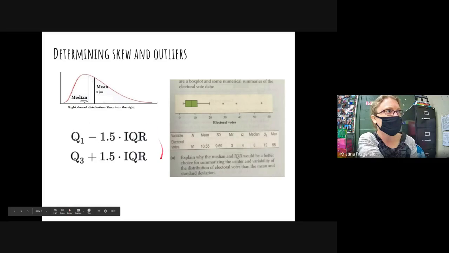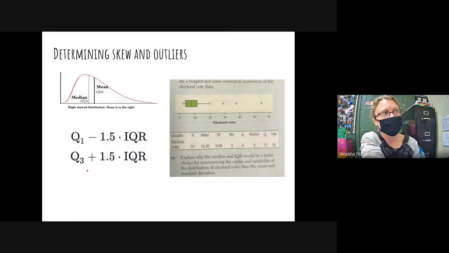The other thing we looked at is the 1.5 rule, which determines outliers. Some people looked at one of the homework questions and said, oh yeah, that's a pretty big number, I think it's an outlier. It might be an outlier, but you do need to calculate it. You do need to actually compute this value to make sure you have an outlier. So you do have to do this math.